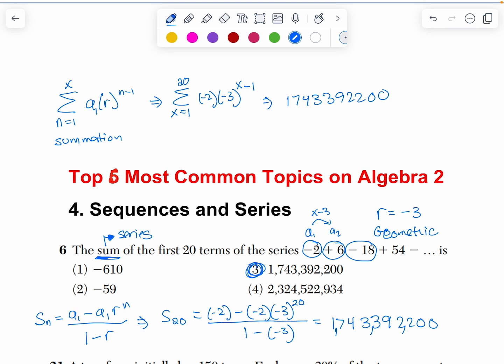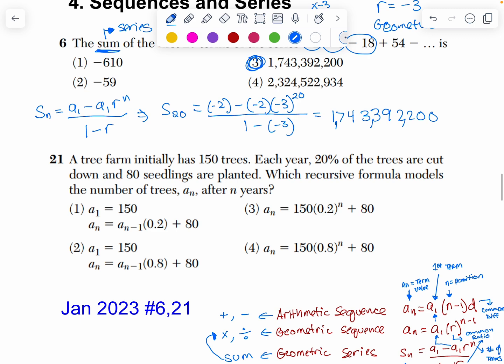Okay? So both of these require the use of a calculator unless you know the powers of negative 3 all the way up to 20, which I doubt we do. So please make sure that you are very comfortable inputting fractions, summations, etc. Okay, now 21 talks about the other type of formulas for sequences, which is a recursive formula.